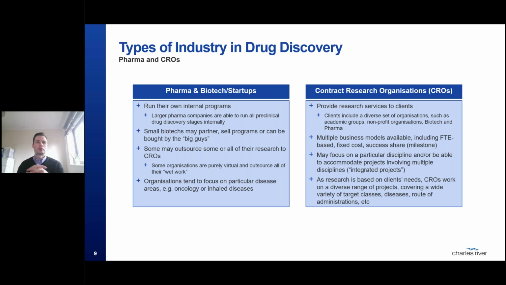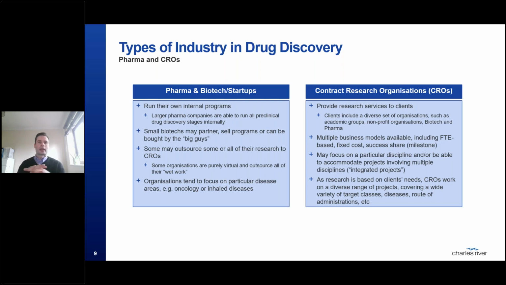CROs offer multiple business models: FTE-based models, fixed cost, success share, achieving milestones. We have clients requesting research focusing on a particular discipline.